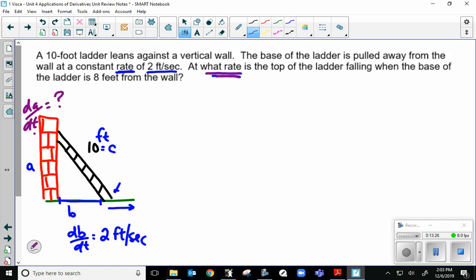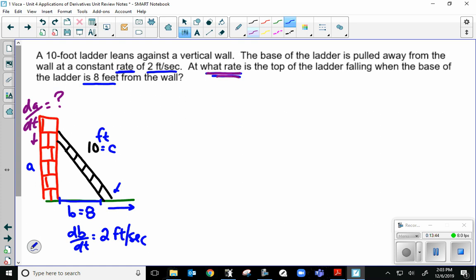At what rate is the top of the ladder falling down when the base of the ladder is 8 feet? Now they actually give me that. When the base is 8 feet, that's an actual distance, not a rate. So here we go.